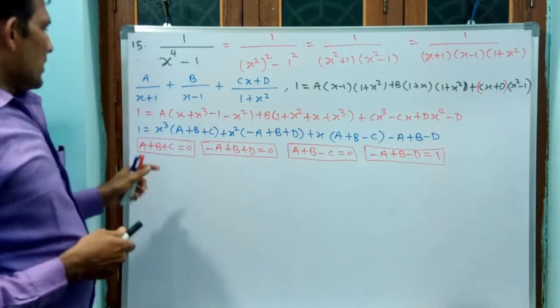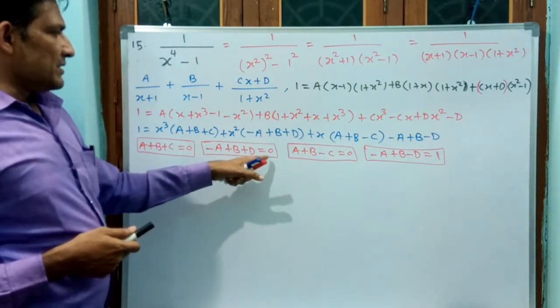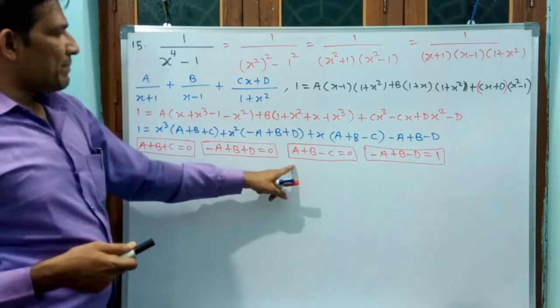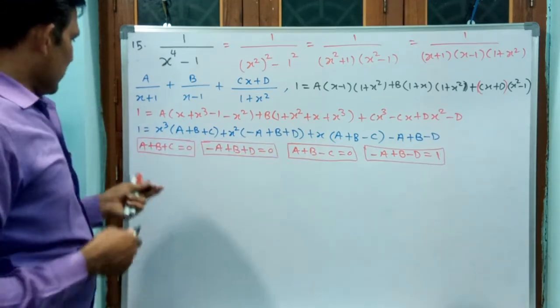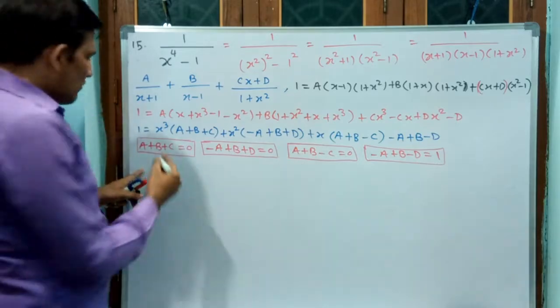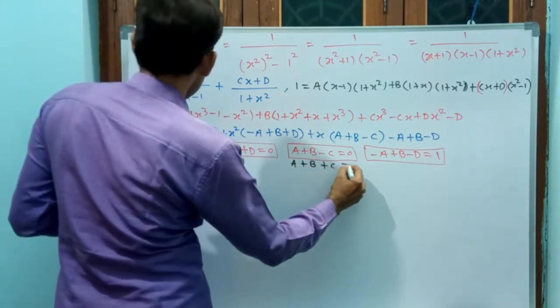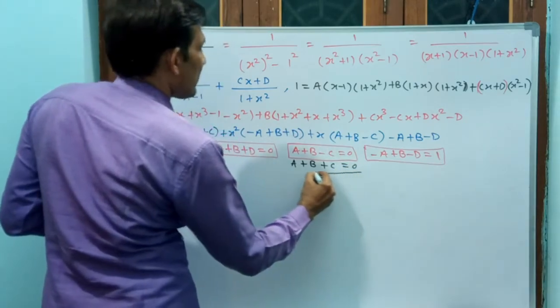See, a plus b plus c is equal to 0 is there, a plus b plus d is there. See, here a plus b plus c is there, a plus b minus c is there. These 2 equations we will tackle and find something. You see what I am doing? A plus b plus c is equal to 0.